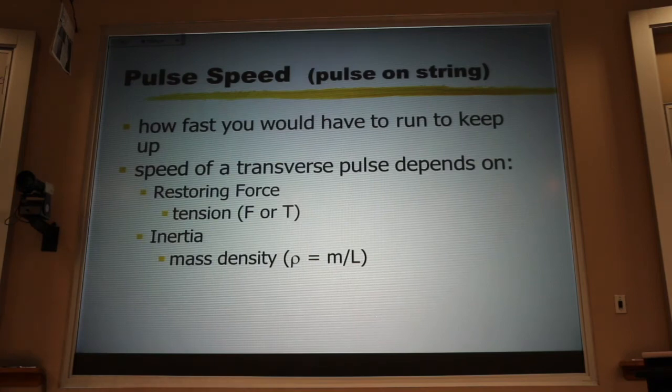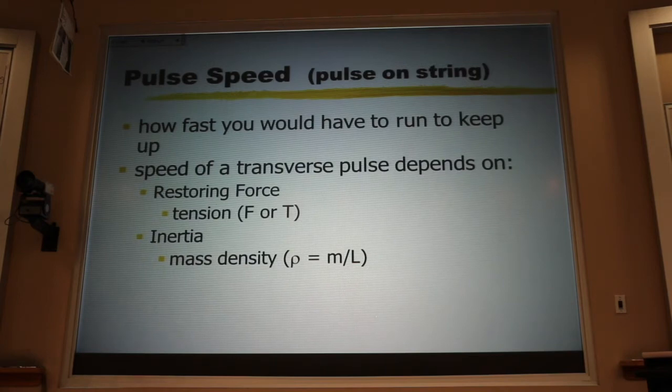If you're talking about a football player, you can talk about the mass of that football player. It's a unit. But if you have something like a rope or a spring, talking about the mass of the whole spring doesn't really give you the information you need.